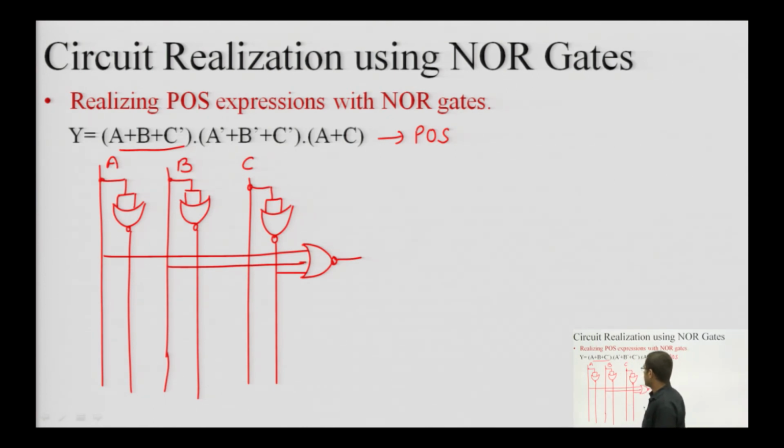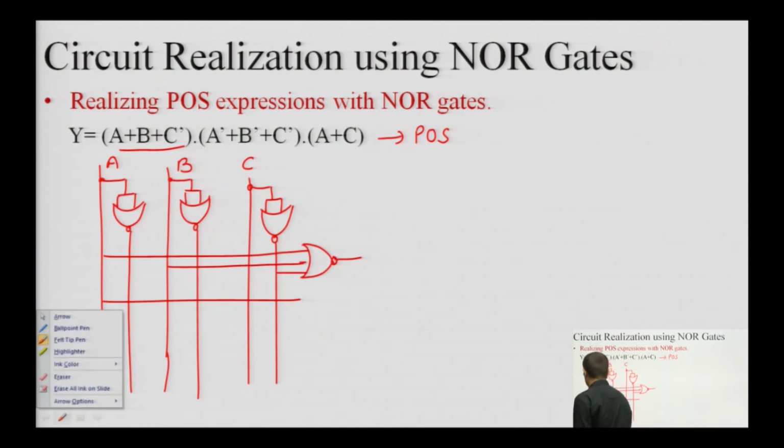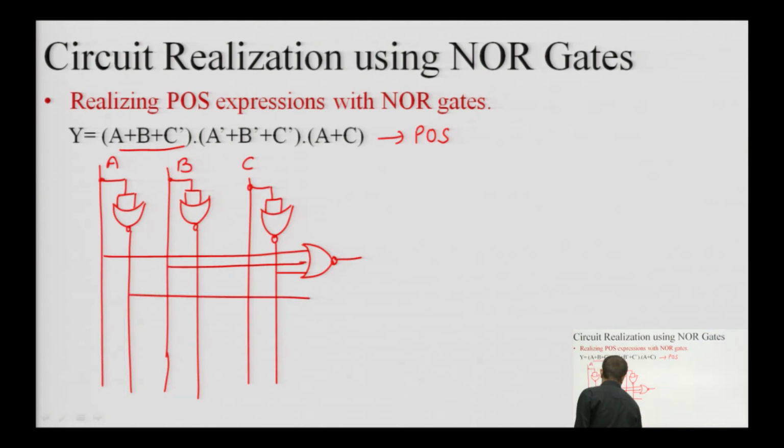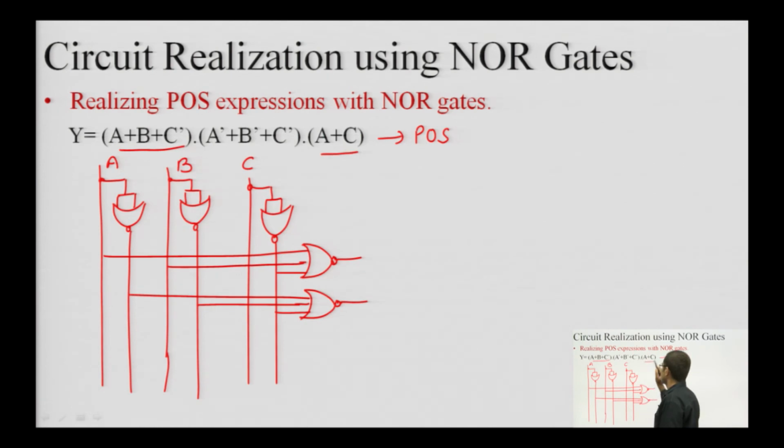Similarly, for the second sum a complement plus b complement plus c complement, this is my a complement, this is b complement and this is c complement. And the third sum is a plus c. So, this is my a and this is my c.